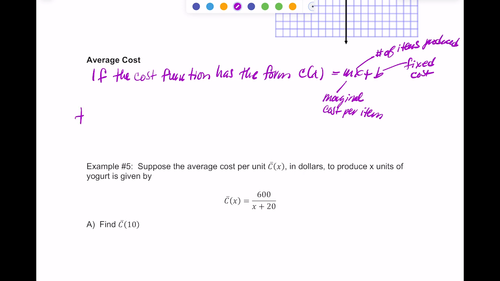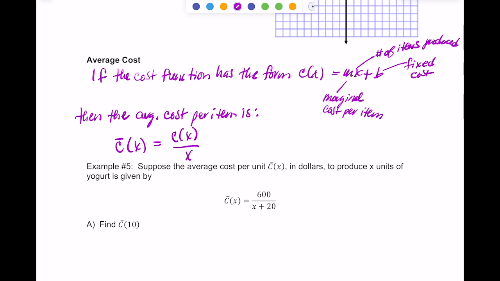Then the average cost per item is given by the following function. Anytime we deal with averages, we put a bar over it, so we would call that c bar of x is equal to the cost function divided by the number of items produced, right?